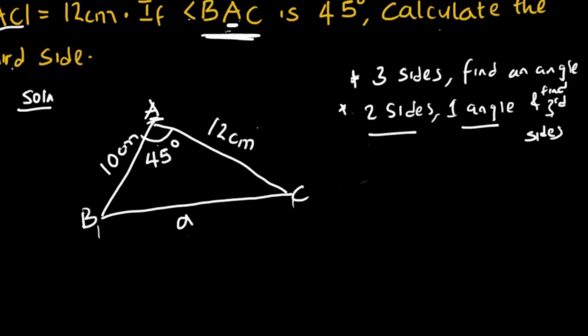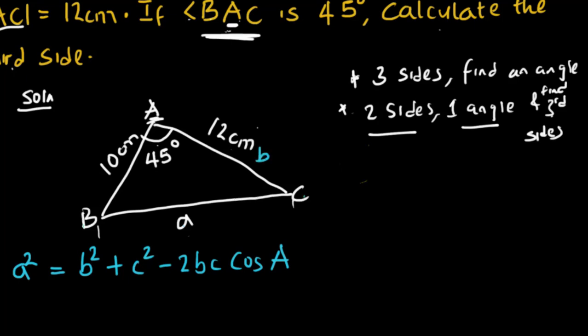Now in this case, we are told to find a. So the formula we'll be using would be a square equals b square plus c square minus 2bc cos A. I hope you understand this. Now remember, the side facing B would be small b. The side facing C would be small c.